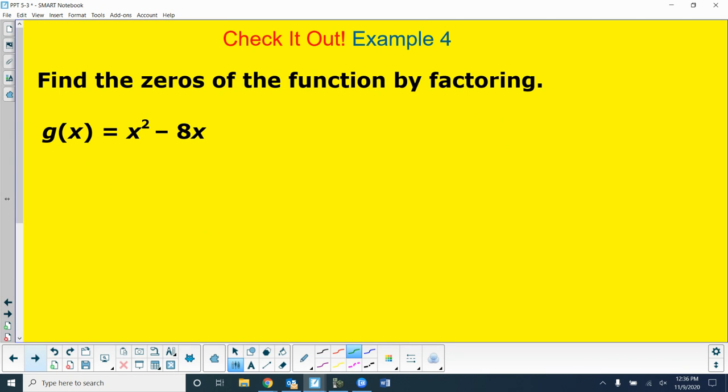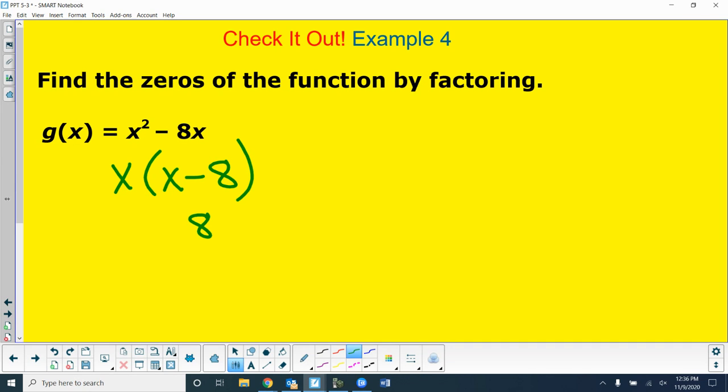What's two answers? Should be able to tell me right now. What was one of them? 8 was one of them. What's the other one? Negative 1.